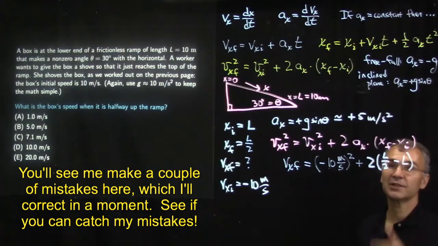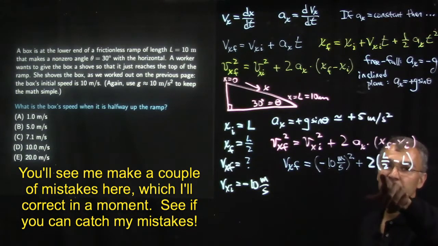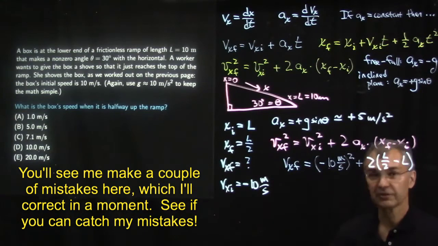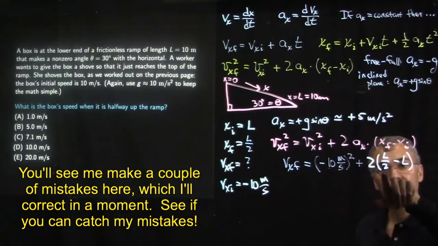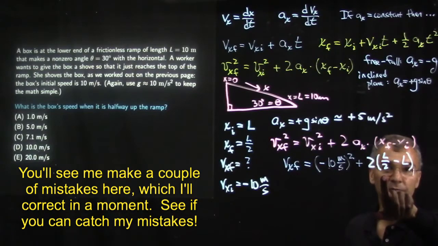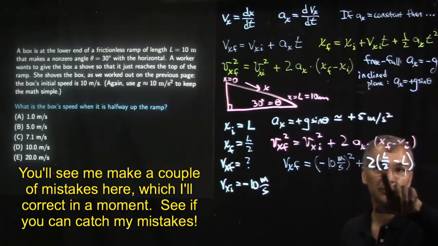And I guess I could plug in numbers. You see, L over 2 minus L is 5 minus 10, so that's minus 5. So L over 2 is 5 meters, L is 10 meters. So 5 meters minus 10 meters is minus 5 meters.